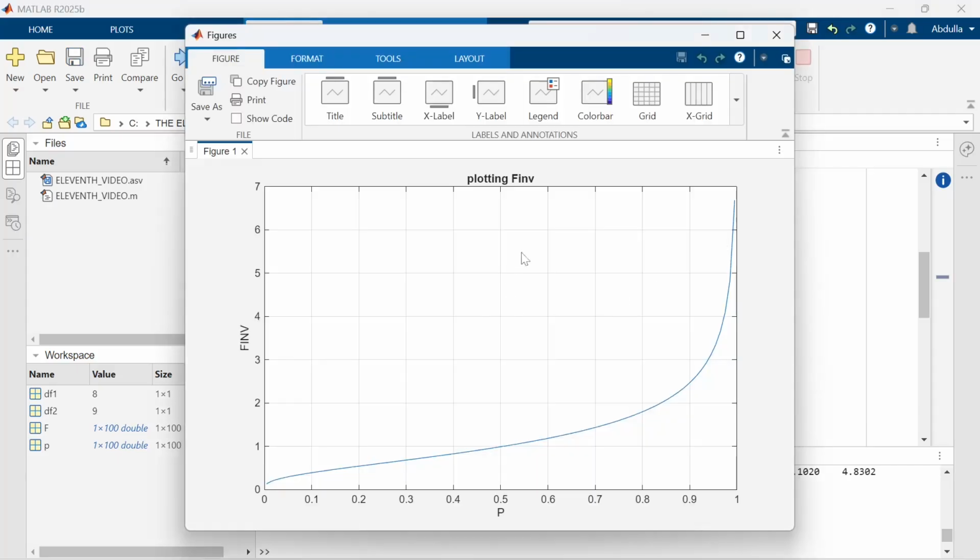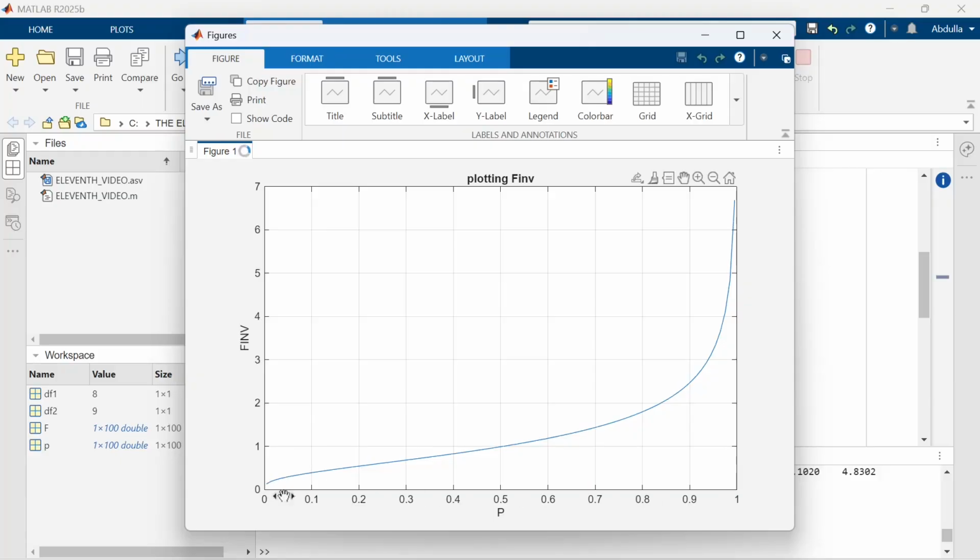So right now it gives me the plot, a better representation. From 0 to 0.9 the plot is increasing, and then from 0.9 to 1 it starts going horizontal, like an equilibrium.